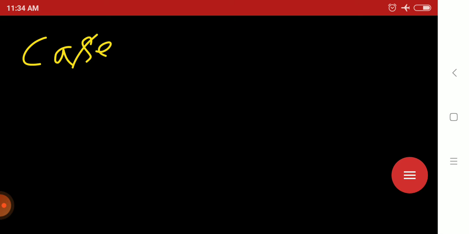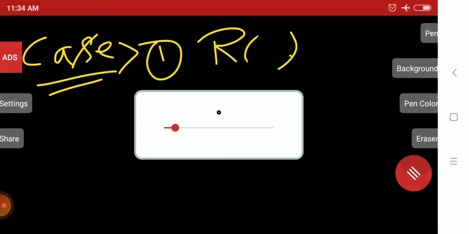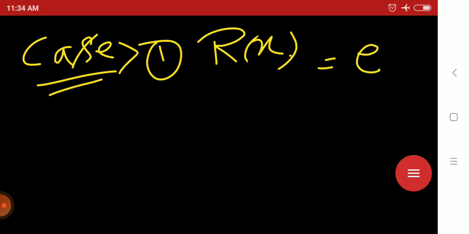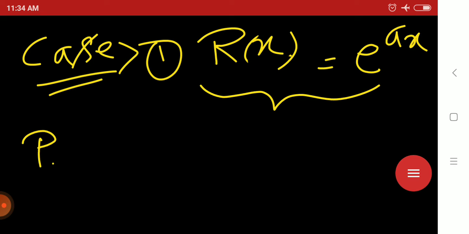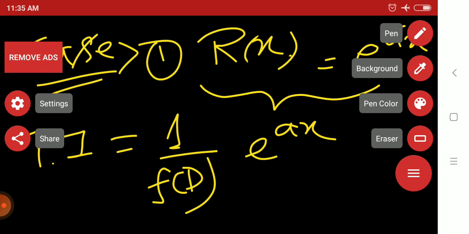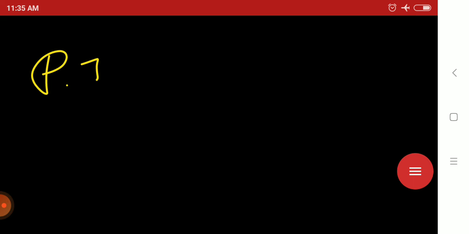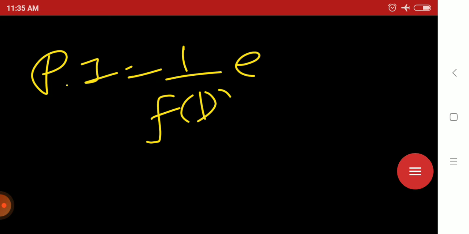Case 1: if the form is d2y by dx square plus p dy by dx plus qy equals r of x, and r of x is given to you as e to the power ax, then the particular integral will be 1 upon f of D, e to the power ax.